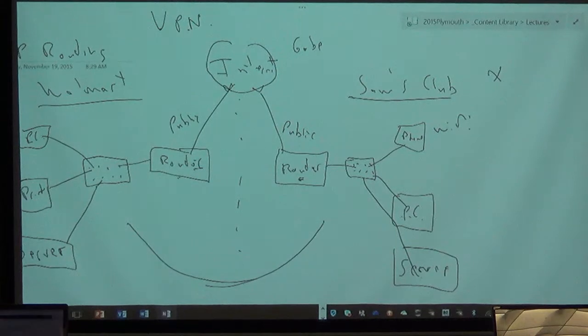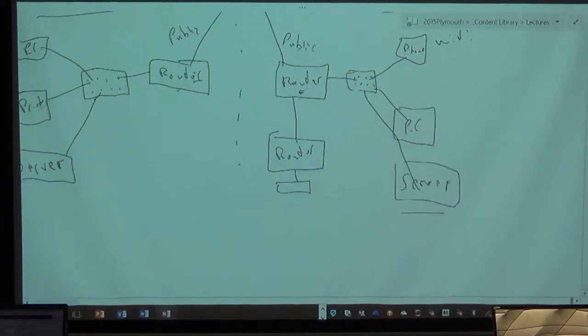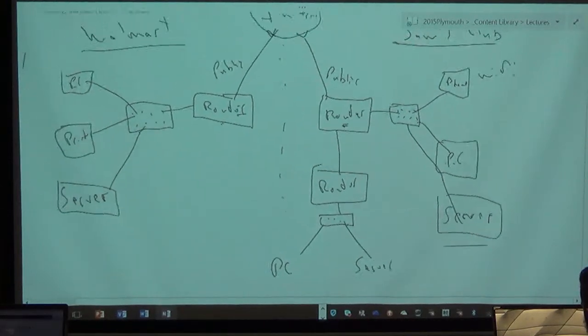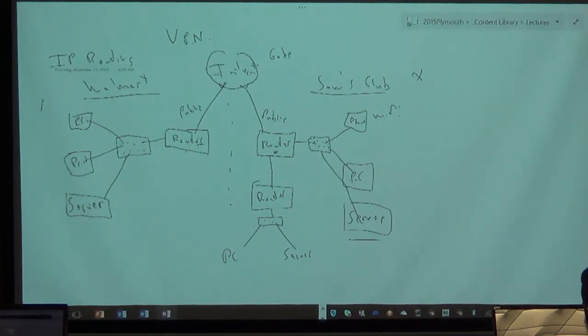Instead, we're going to create another network down here with another router that's going to another private network, with a switch that's going out to another PC and another server. And all of those devices need IP addresses and subnet masks and gateways.